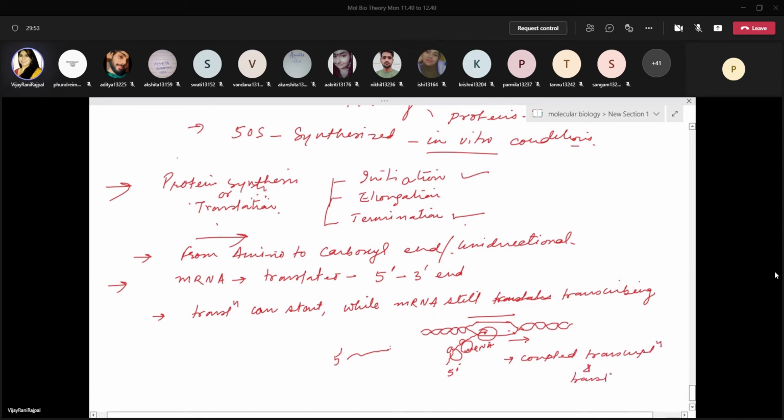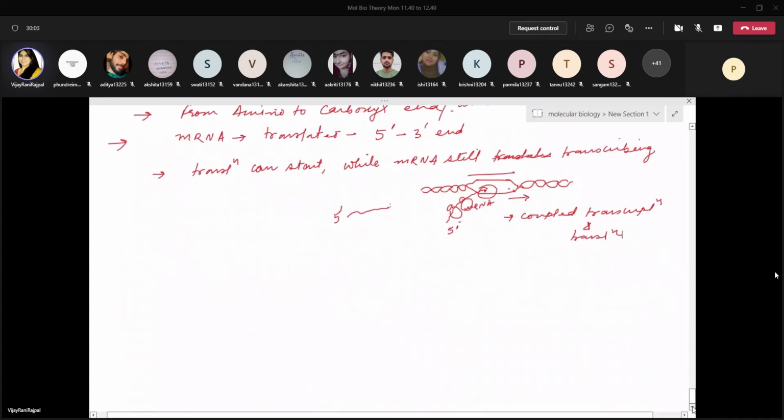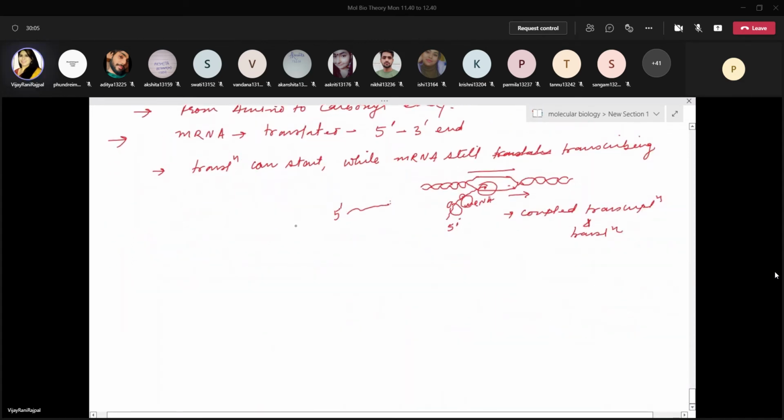So in prokaryotes, the ribosomes can join to mRNA that is still getting transcribed. I think this is the best way to explain this. So to the 5' end of the nascent mRNA, this is the term, nascent.